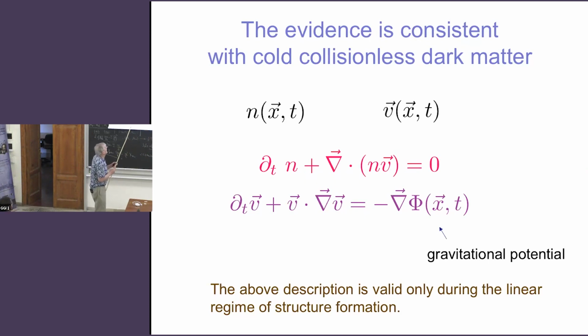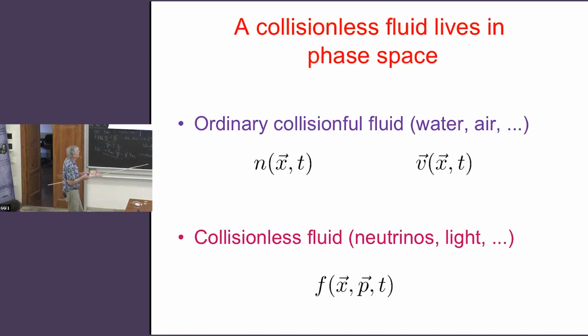Because I'm saying here, you just need the density and the velocity. Well, that is because it is cold. So you realize that in the case of cold dark matter, the reason you can describe it by a density and a velocity is completely different from the case of air. The case of air is because the fluid is collisional. Here it is collisionless, but it is cold. So let's give it a more general description by going to phase space.